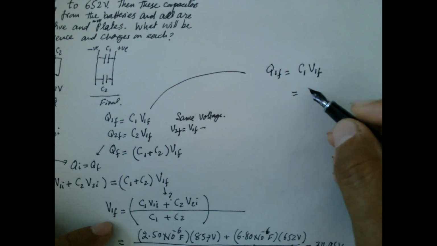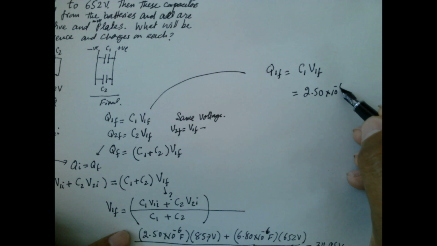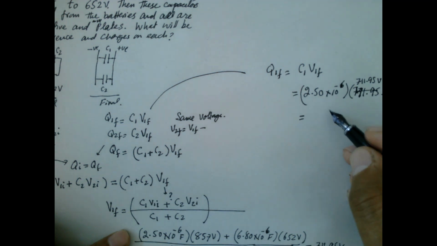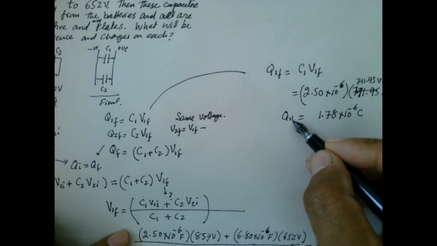C1 is 2.50 times 10 to the power minus 6 multiplied by 711.95 volts, and this answer will be 1.78 times 10 to the power minus 6 coulomb. So this is Q1F.